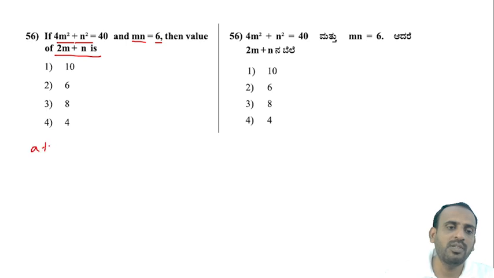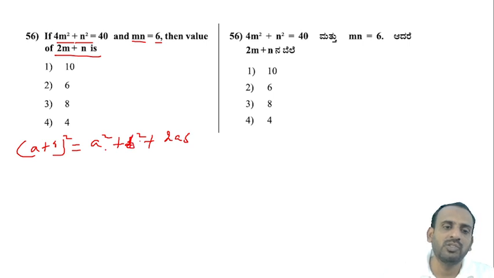We will use the identity a plus b whole square is equal to a square plus b square plus 2ab. So instead of a and b, a will be 2m and b will be n.